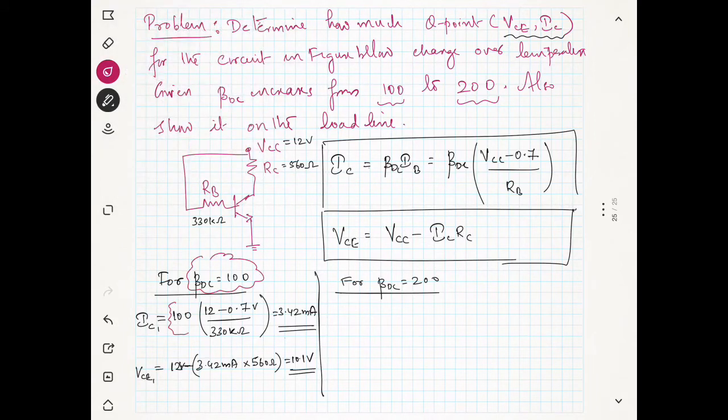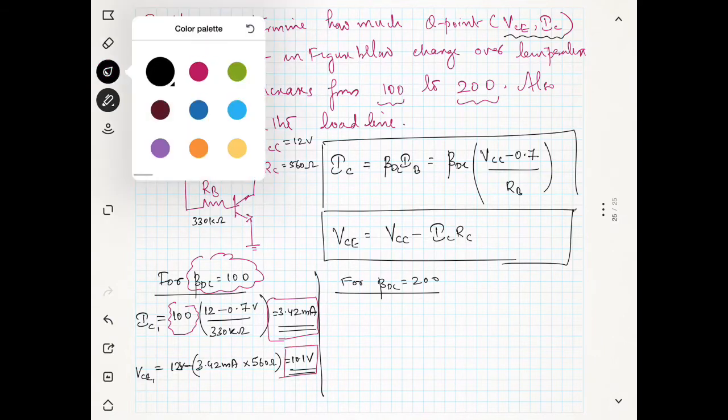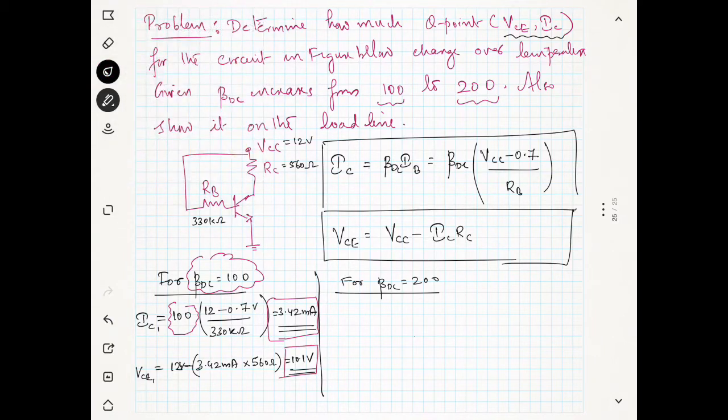I got the IC and I got the VCE. Now we will find for beta equal to 200. For beta equal to 200, we can say IC2.